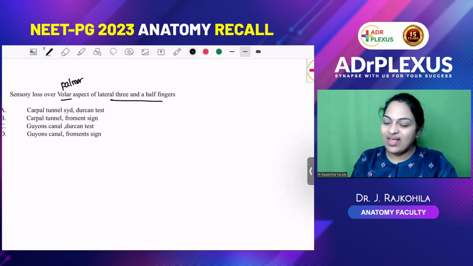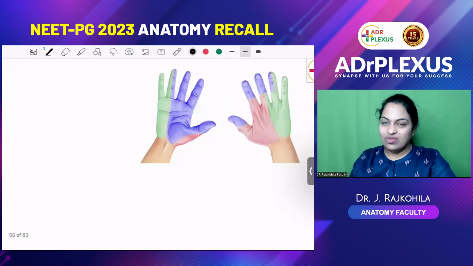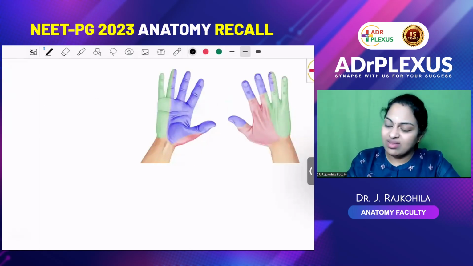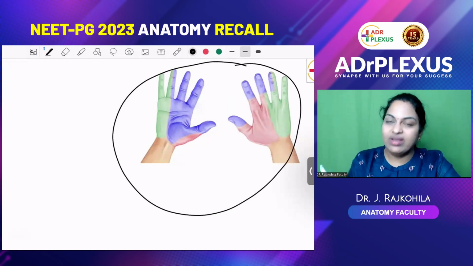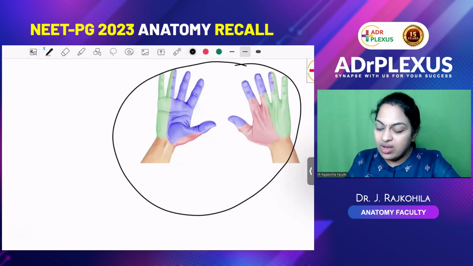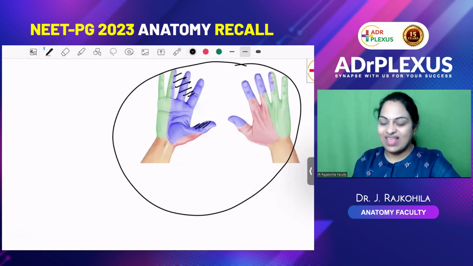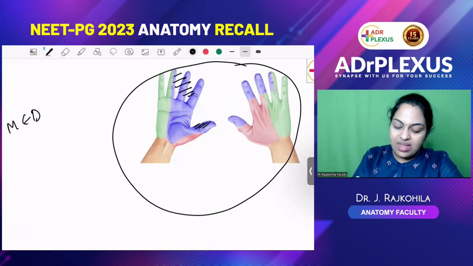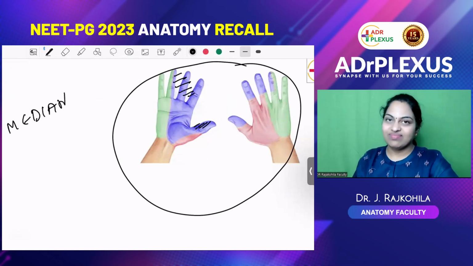What is the nerve supply? So this is again a repeat question, isn't it? A very important topic of interest. So many questions can be asked over it. So the lateral 3.5 fingers is supplied by the median nerve.